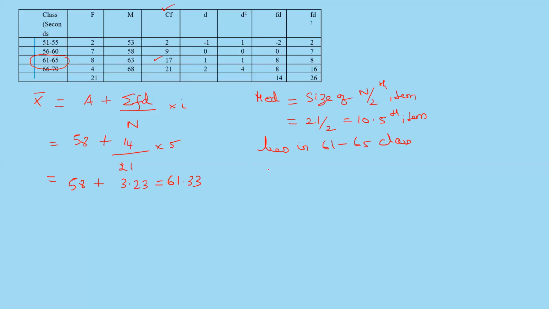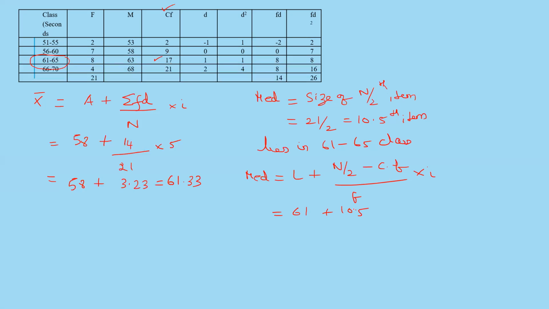Now we use the formula for median, that is L plus n by 2 minus cumulative frequency, into I. So this is cumulative frequency of the class before the median class. Just substituting the values: 61, 10.5 minus cumulative frequency of the class before the median class.